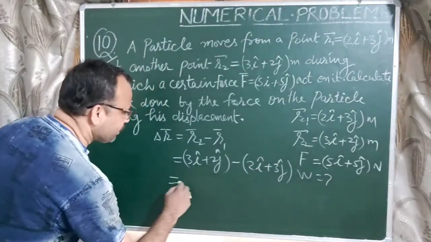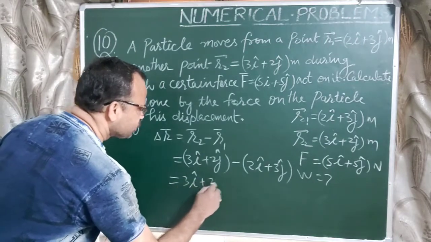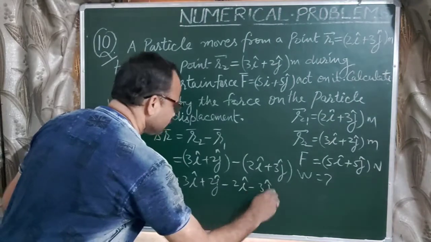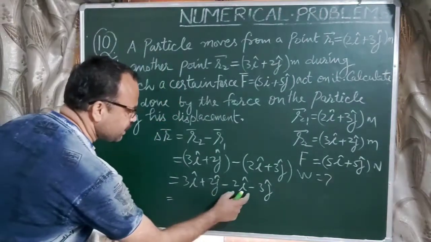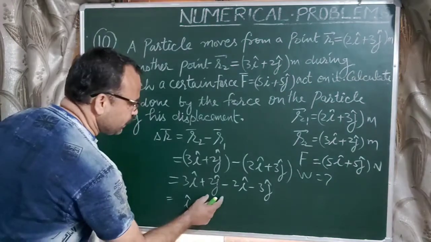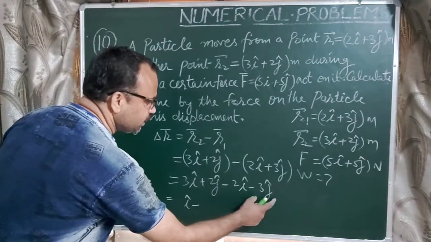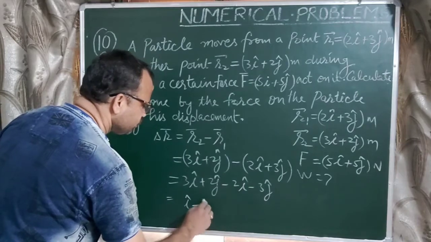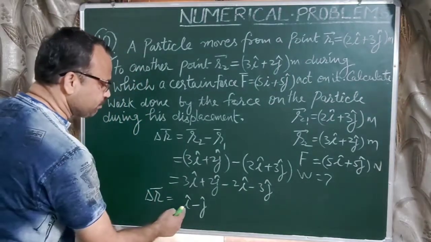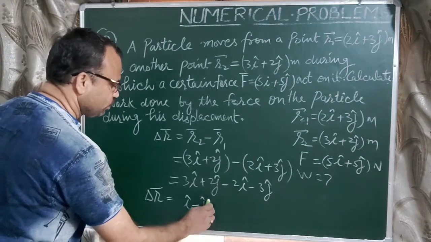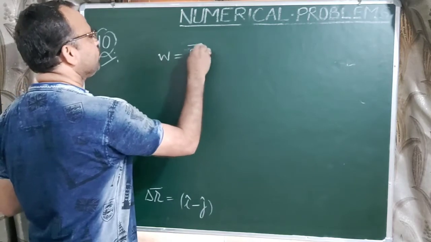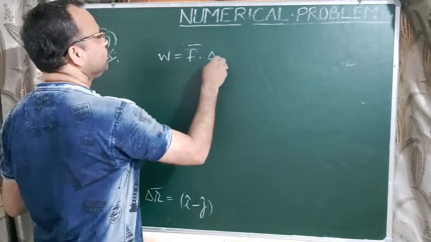Now open the bracket: 3i cap plus 2j cap minus 2i cap minus 3j cap. Now 3i cap minus 2i cap means i cap, and 2j cap minus 3j cap, so here minus j cap. So displacement is delta R vector equal to i cap minus j cap. W equals F vector dot delta R vector.